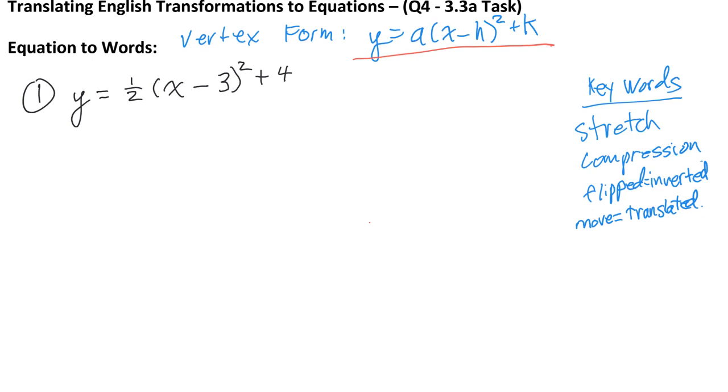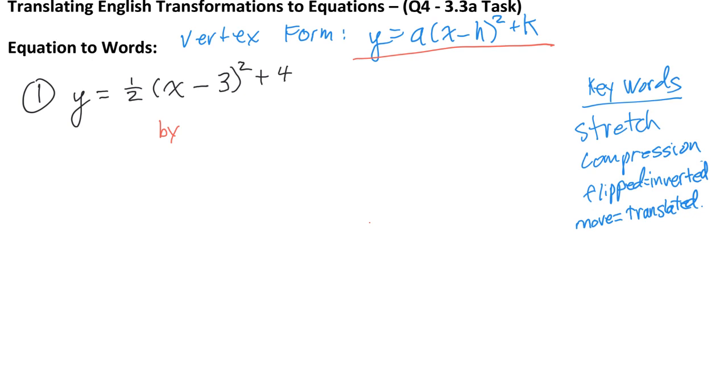From this part, I'm going to underline it in red. I would say the parabola is compressed by a factor of 2. Not 2, by 1/2, sorry. Then I've got my compression.